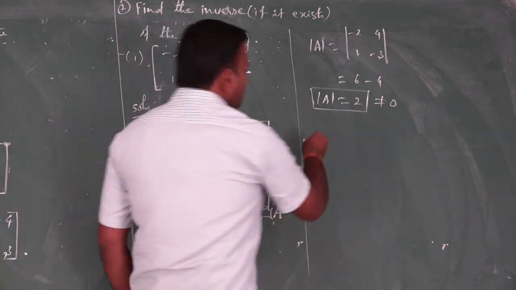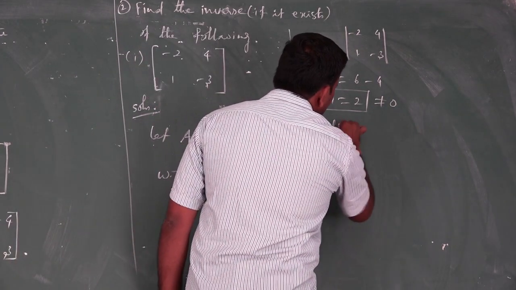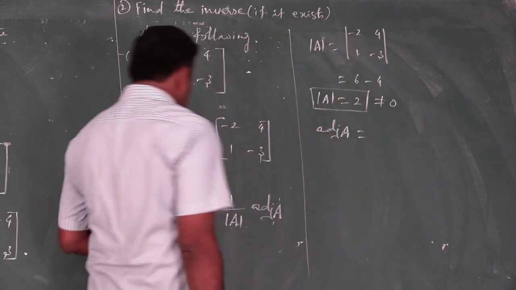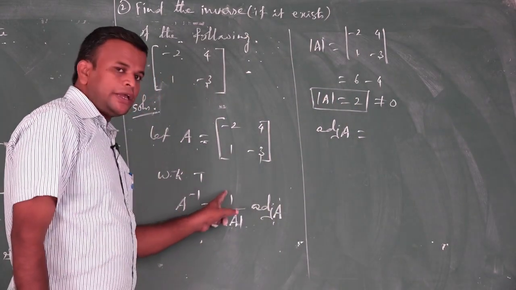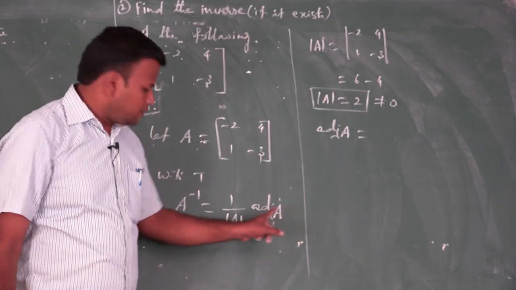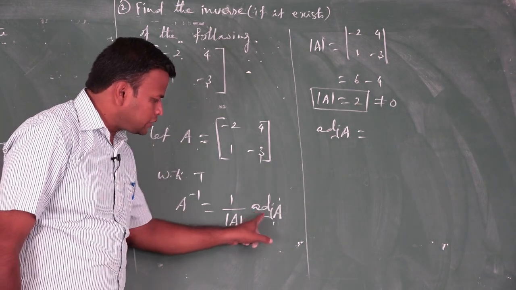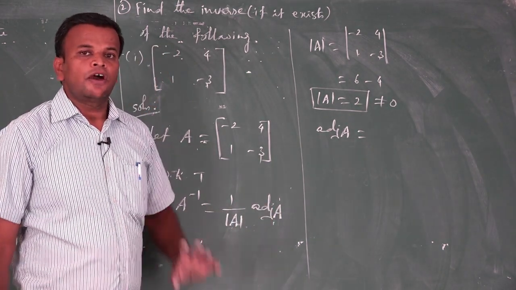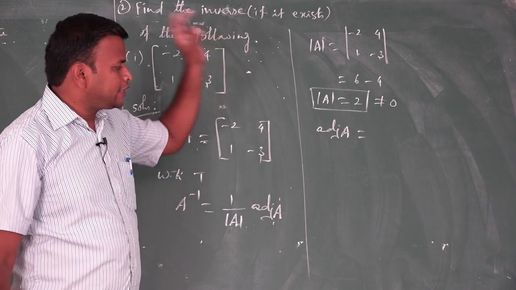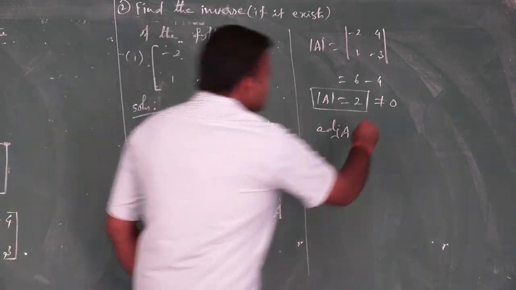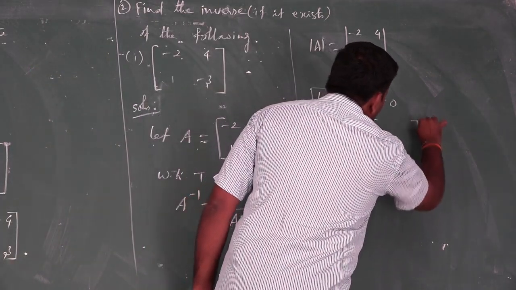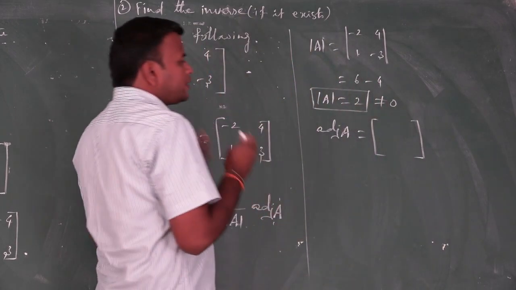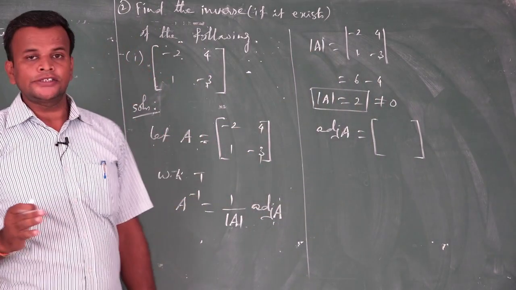The next step is to find the adjoint, because the formula of A inverse is 1 by determinant A into adjoint A. We already found the determinant, and the next one is to find the adjoint of the given matrix A. How to find the adjoint of any 2 by 2 matrix?